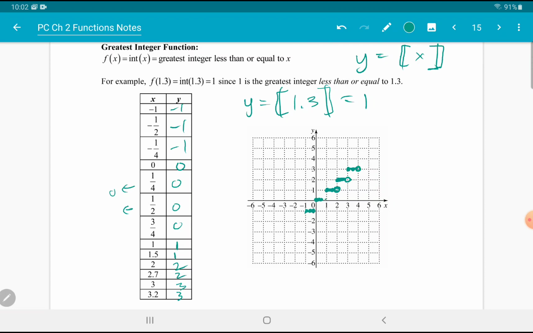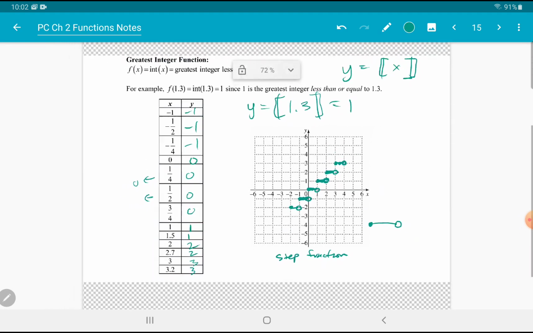So you create a graph that looks something like this. You create these steps. This is called a step function. Notice how the step is closed on one end and open on the other end. That's what the graph looks like, because that next integer is going to go at the next higher step. Okay, so that's our greatest integer function.